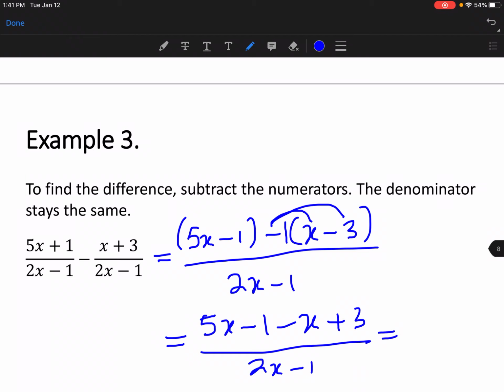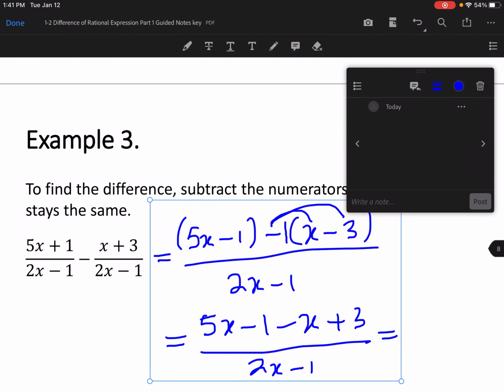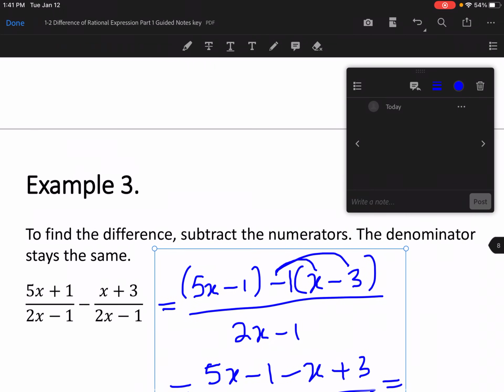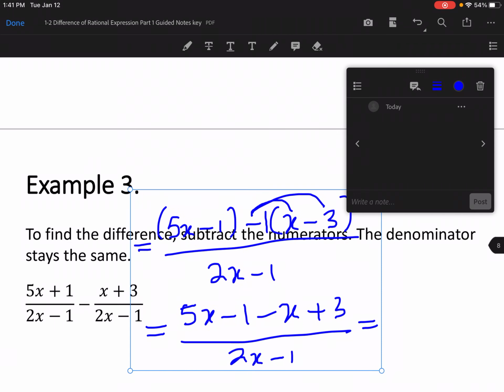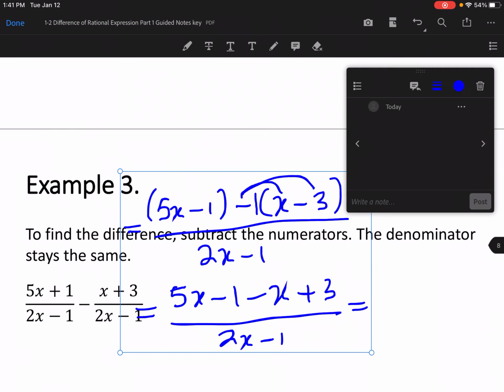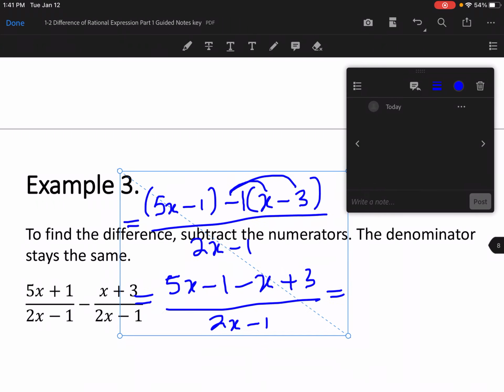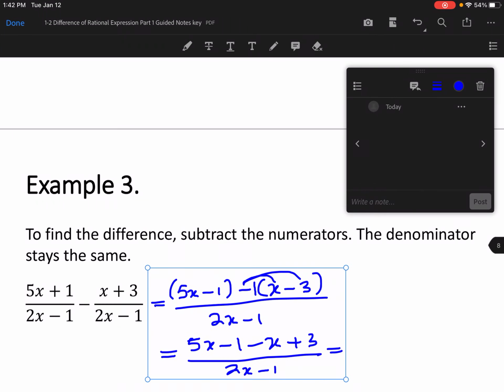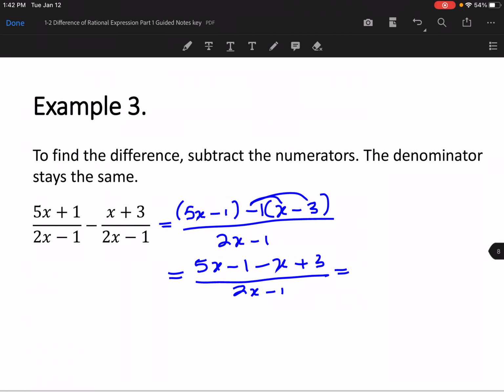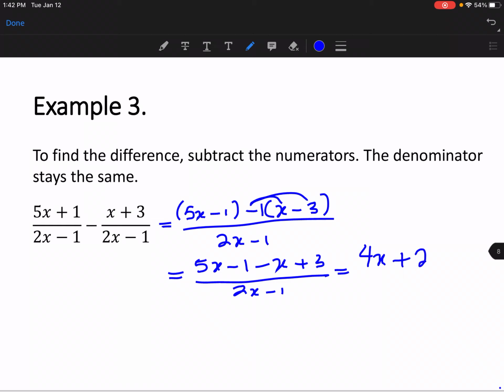Then we can combine our like terms. Now if we add these together, 5x minus x gives me 4x, and negative 1 plus 3 is a positive 2, all over 2x minus 1.